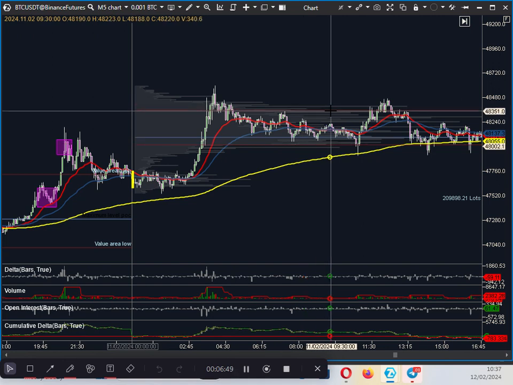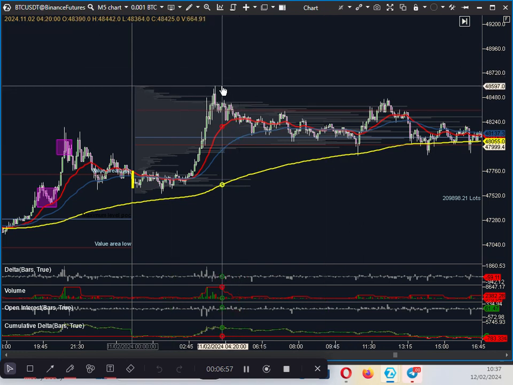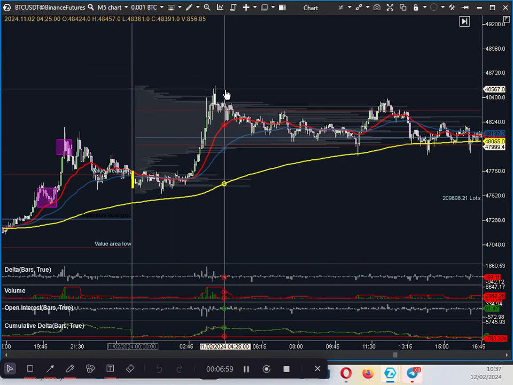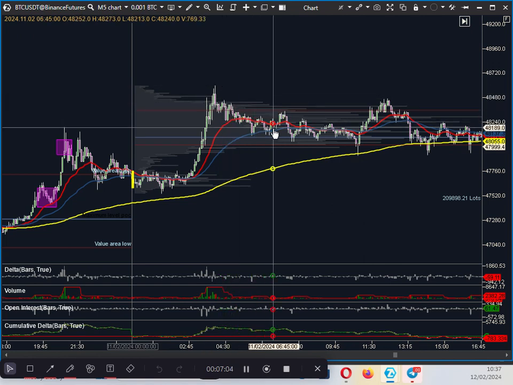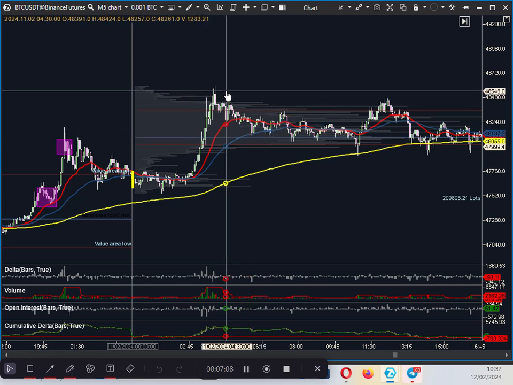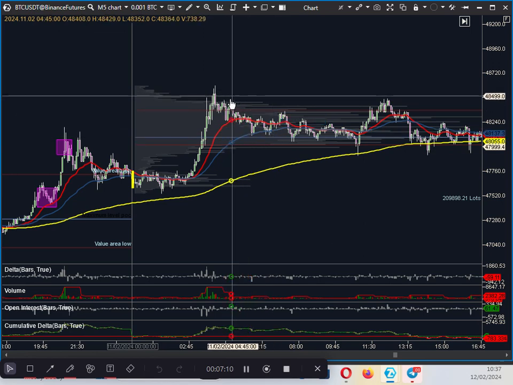So if you're scalping, you can't just leave your trades. Say you've taken a short here at this area and you've put your stop loss up here somewhere, and it starts coming down. If you've got to go somewhere, move your stop loss down into break even.